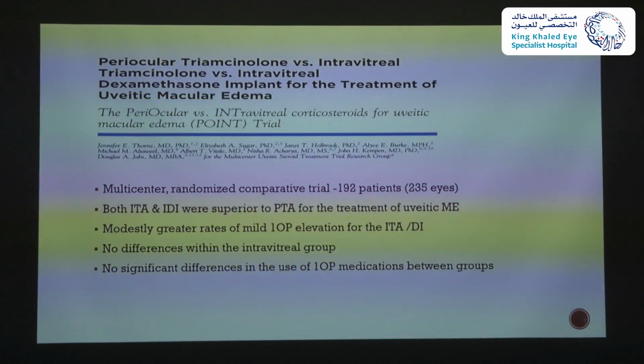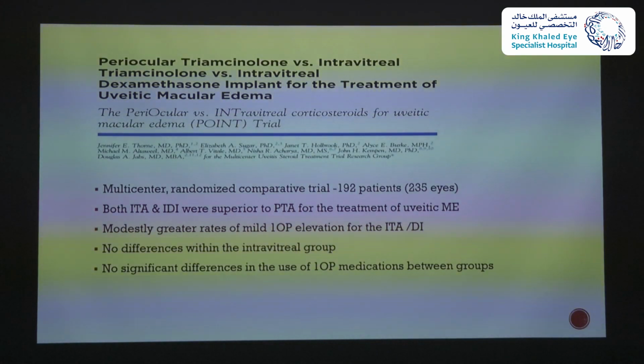This is the famous POINT trial. It compared periocular triamcinolone versus intravitreal triamcinolone versus intravitreal Ozurdex for the treatment of uveitic macular edema. It showed that both intravitreal triamcinolone and intravitreal dexamethasone implant were superior to periocular triamcinolone for uveitic macular edema.